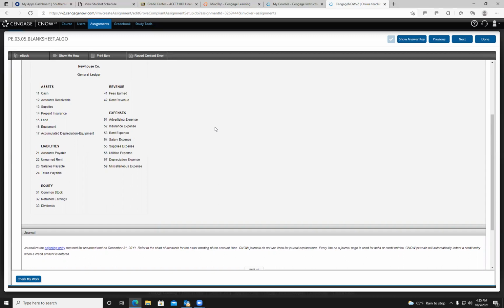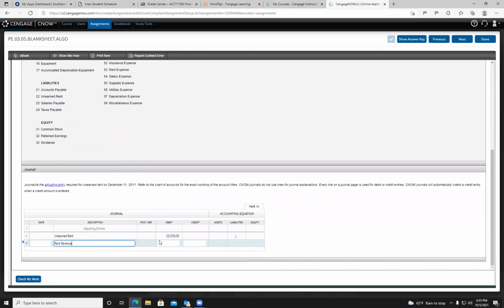So we can take it out of unearned revenue and record it as actual revenue. So we're going to come up here and find rent revenue. Now revenue is recorded with a credit, so that's why our credit entry is rent revenue. All right, now this all happened on December 31st, so let's not forget our date.